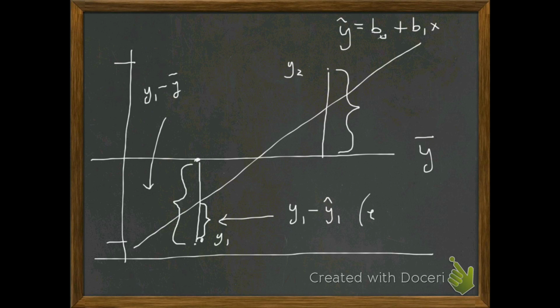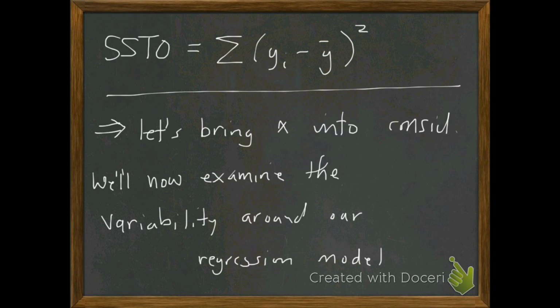And guys, it's been discussed many times that we call this the error or the residual. So there should be no surprise that we call this the sum of squares for our error.